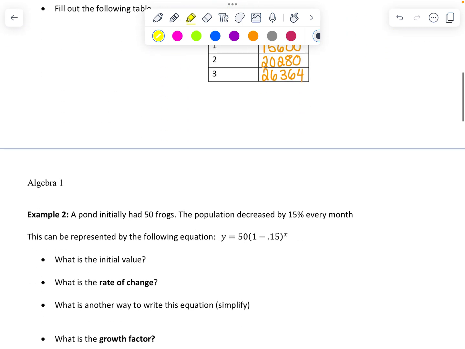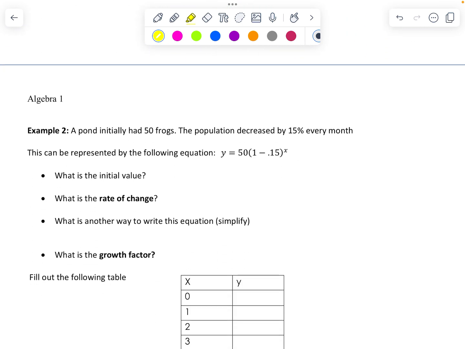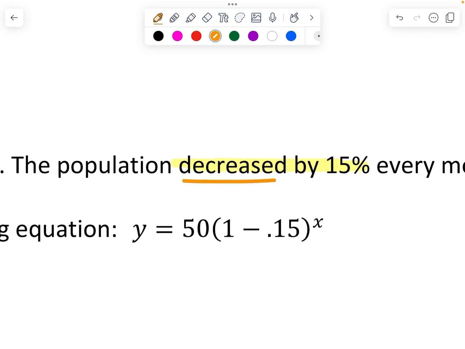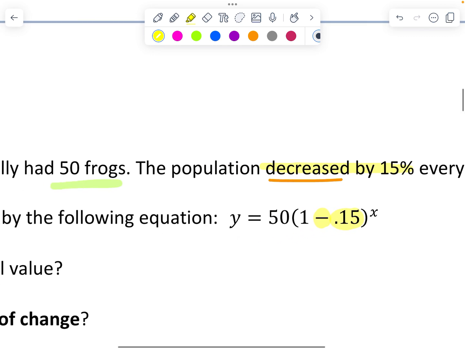Okay, let's go ahead and try another one here. The pond initially had 50 frogs. The population decreased by 15%. So this word decrease would mean subtract. In the equation here, you're going to see the minus sign and then the 0.15 for the 15%.